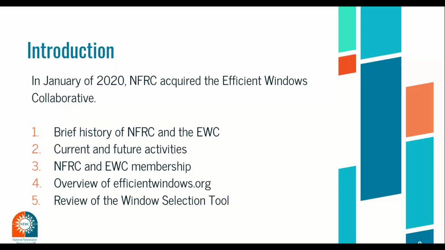Then we're going to look at the efficientwindows.org website and what resources are available there. Then we're going to review the window selection tool, what a search in that looks like, as well as how you can get your products listed in the tool, as well as support the EWC.